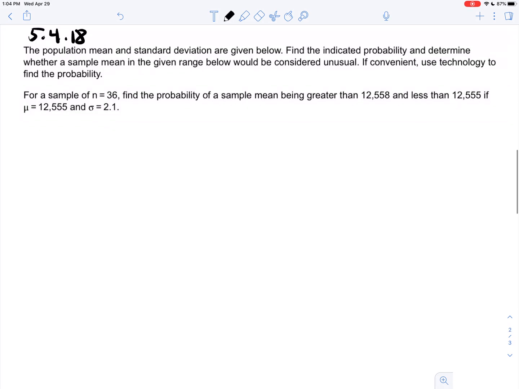So we're asked to find the probability that x bar is greater than 12,558, but less than 12,000. Wait, what? Being greater than 558 and less than.